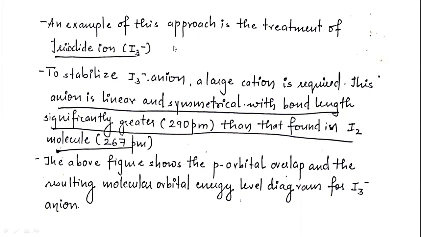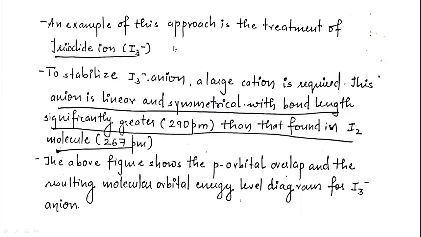Like the trihydrogen ion, the triiodide anion is given. To stabilize this triiodide anion, a large cation is required.